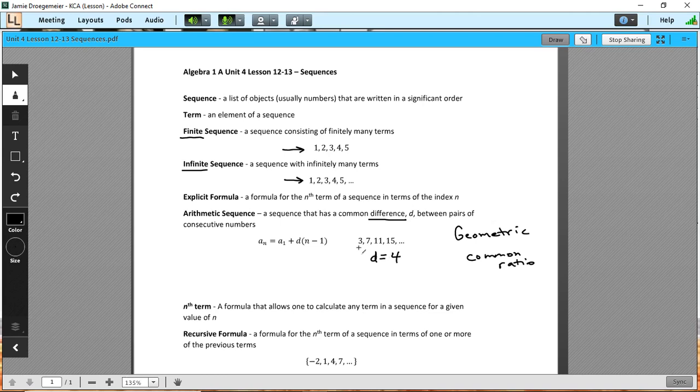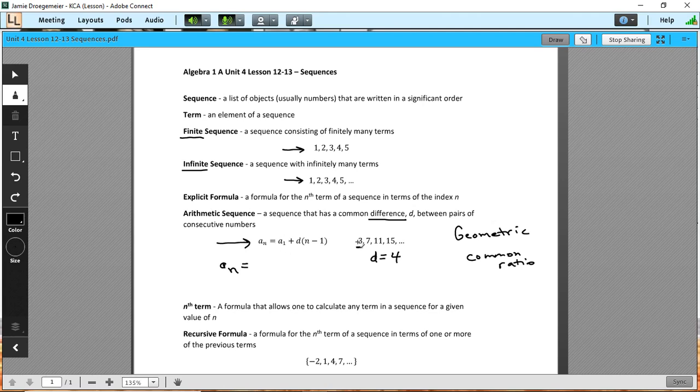Well, with an arithmetic sequence, if I know that common difference and I know the first term in the sequence, which in this case is 3, then I can use this formula to create the formula for that sequence so that I could find what the nth term would be in that sequence. And so here we have a sub n, that's the term I'm trying to find, is equal to a sub 1.